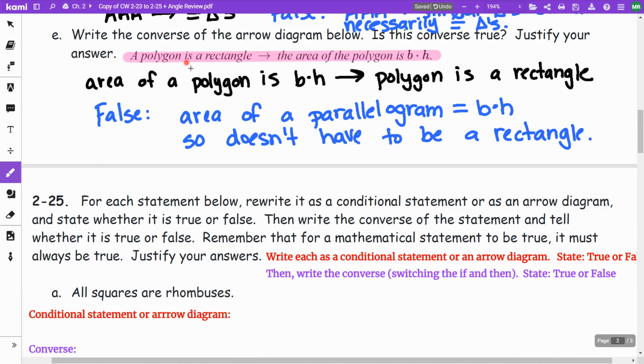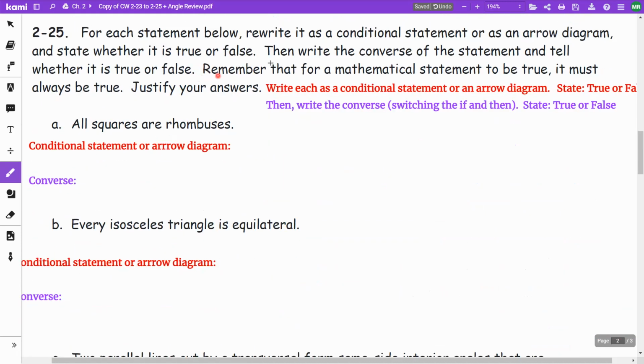On 2-25, for each of the following statements, we're going to rewrite it as a conditional statement or an arrow diagram and state whether it's true or false. Okay, so conditional statement or arrow diagram, true or false. Then we're also going to do the converse. Okay. So we need to either do if then, or we need to do arrow diagrams. Okay.